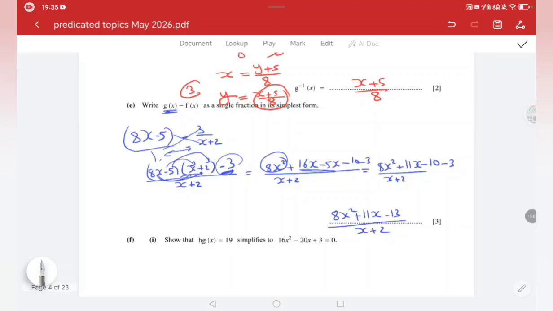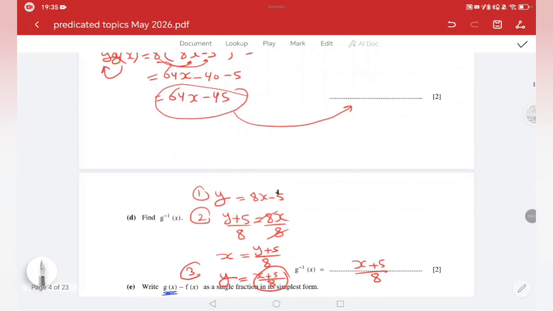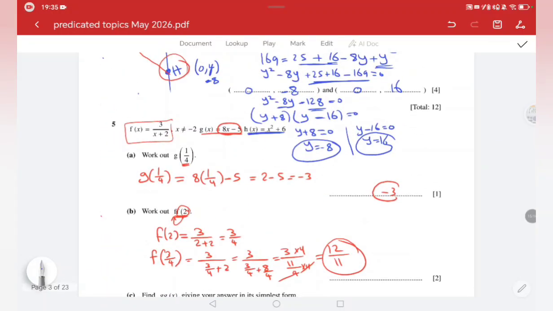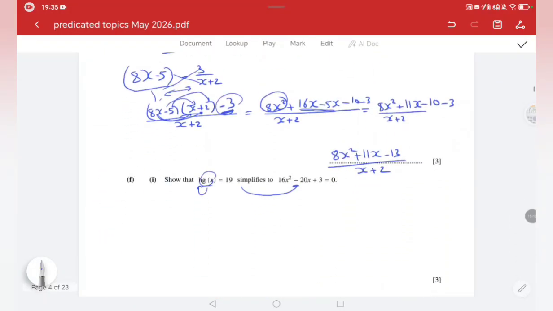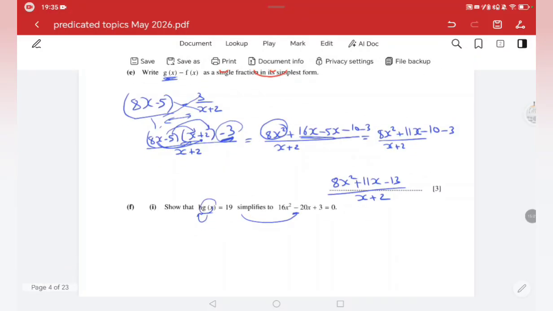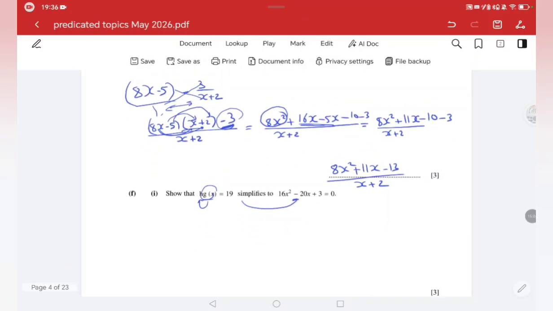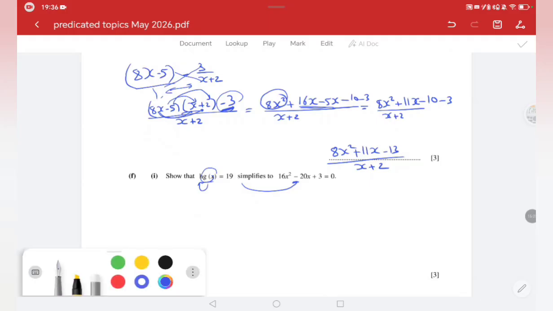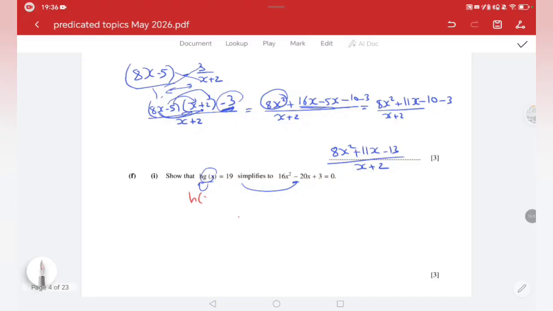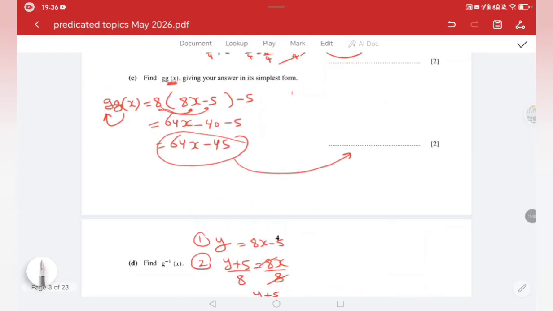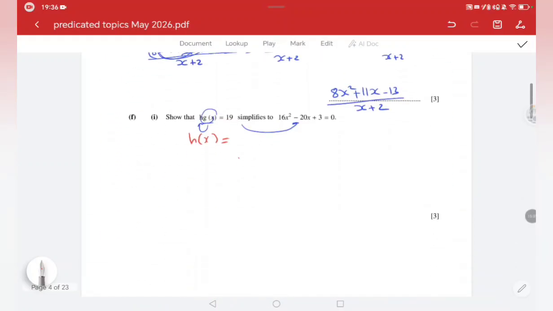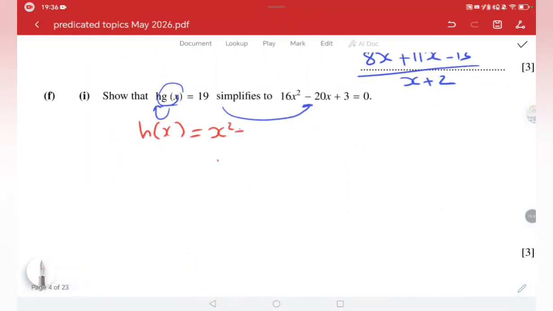If I show that h of g of x equals 19 can be simplified to be this one. Okay, we need g of x and to put it inside h. So let's see h. We have here h of x is x squared plus 6.